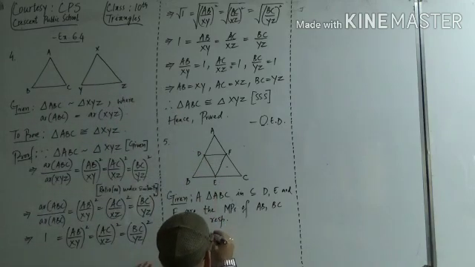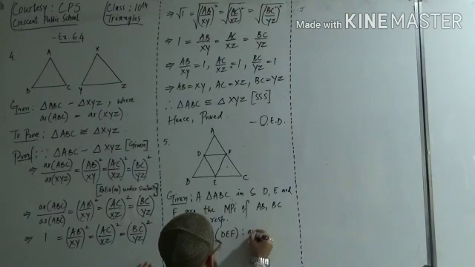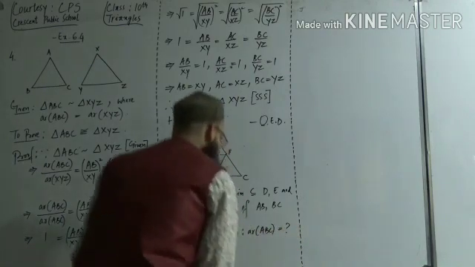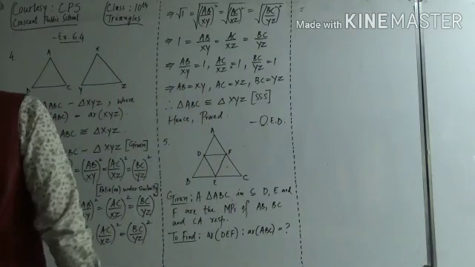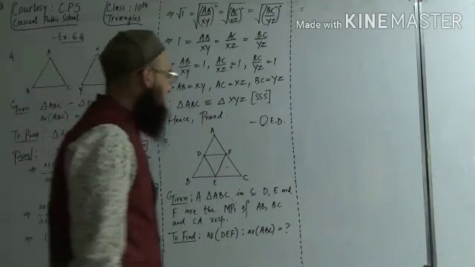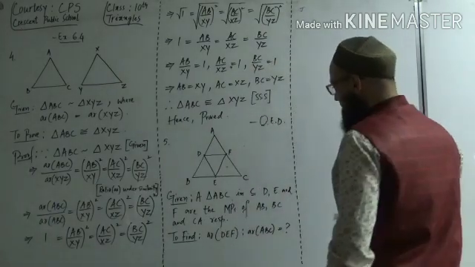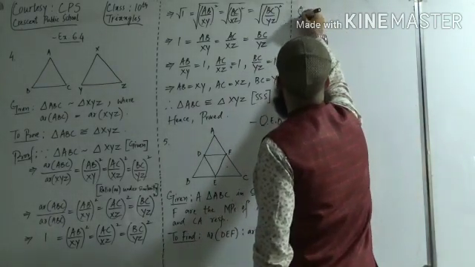That means area of DEF is to area of ABC. This is what you need to find. Area of DEF is to area of ABC. Solution.